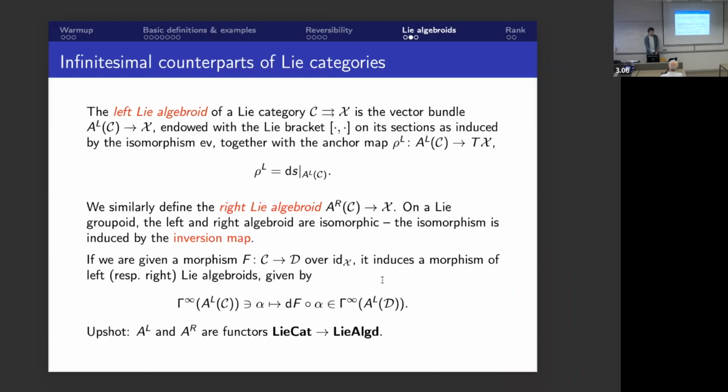And this is precisely the same thing as happened in the case of Lie groups and Lie algebras, right? If you have a homomorphism of Lie groups, it induces a homomorphism of the respective Lie algebras, right? So, in fact, what happens in the end is that AL and AR are going to be functors taking Lie categories to Lie algebroids.